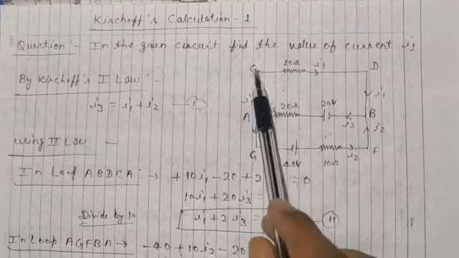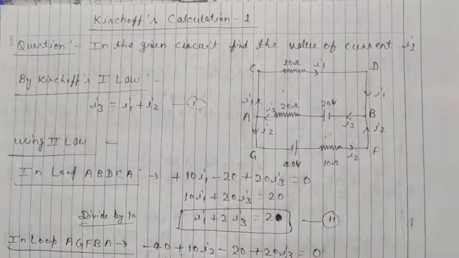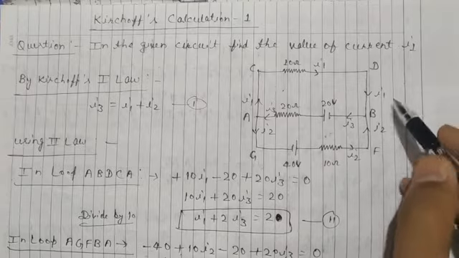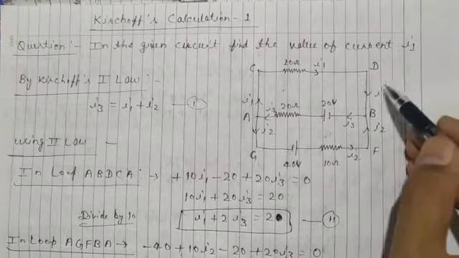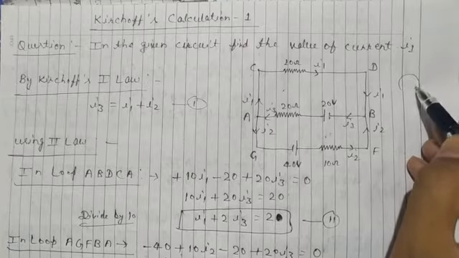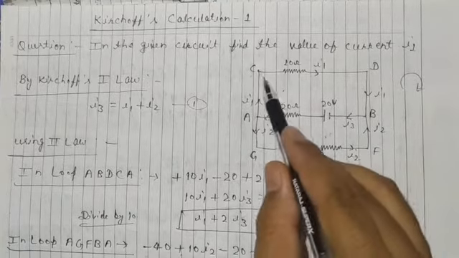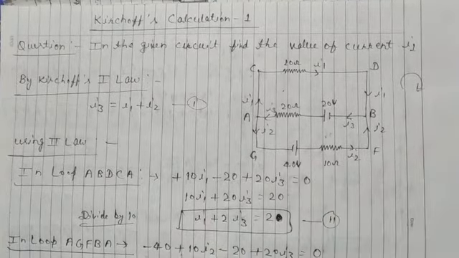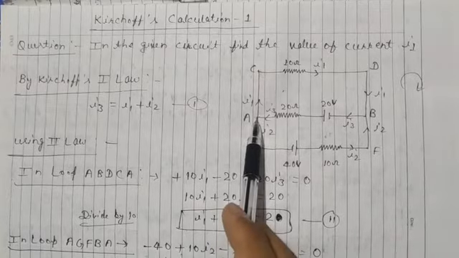We give it a name and we give it a direction of calculation. Suppose we want to calculate in clockwise direction. We will start our calculation from A.